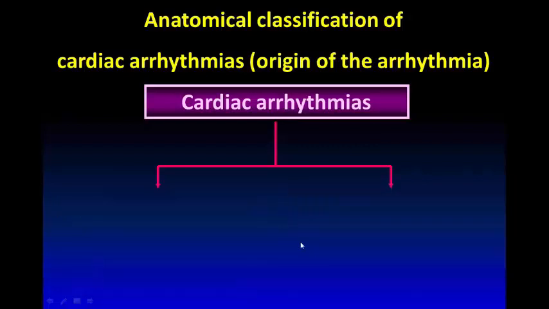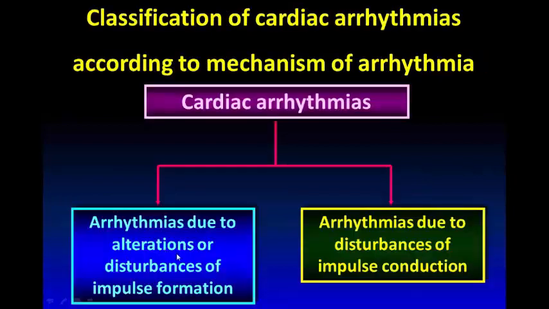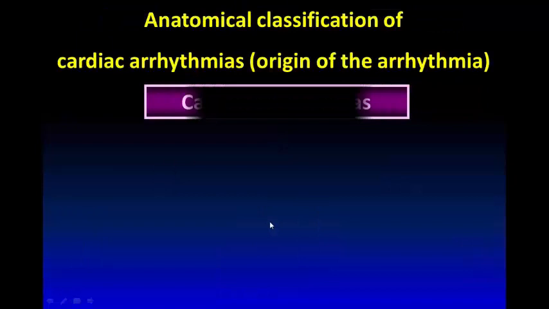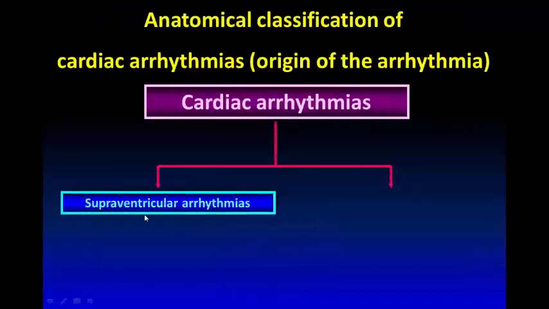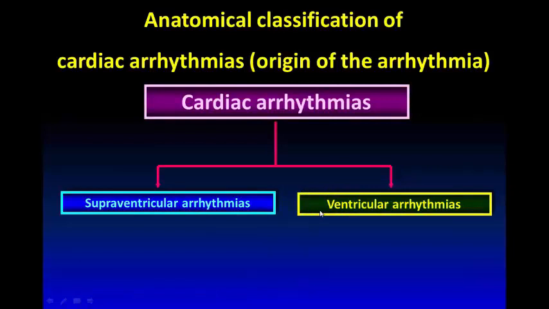Hence, arrhythmias which are due to alterations or disturbances of impulse formation, and similarly arrhythmias which are due to disturbances of impulse conduction, could be supraventricular arrhythmias or ventricular arrhythmias.